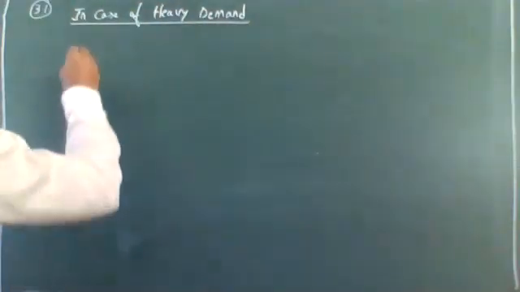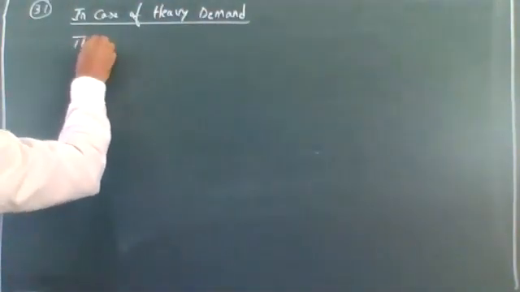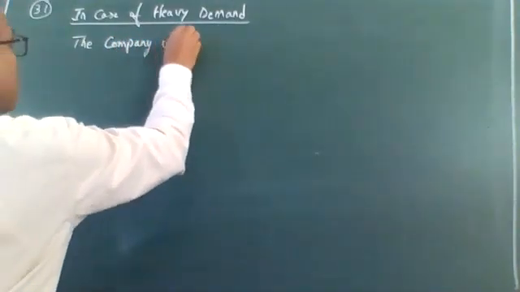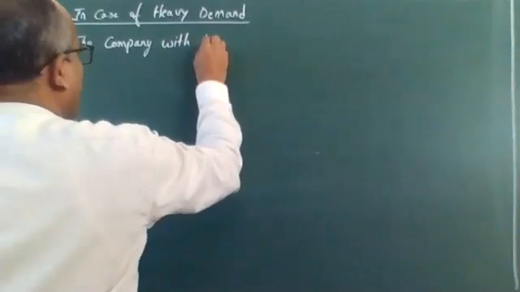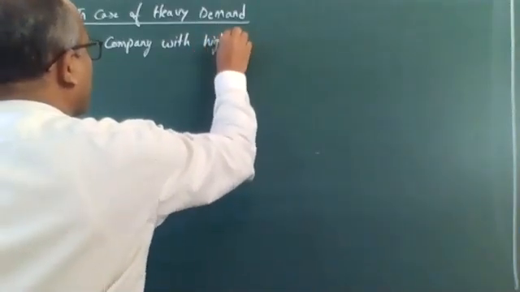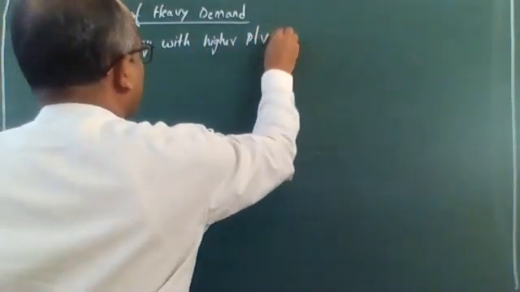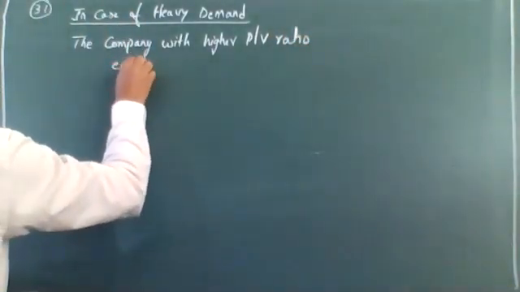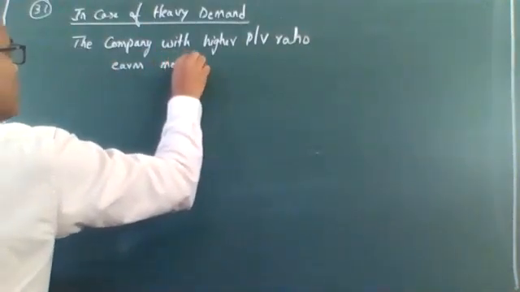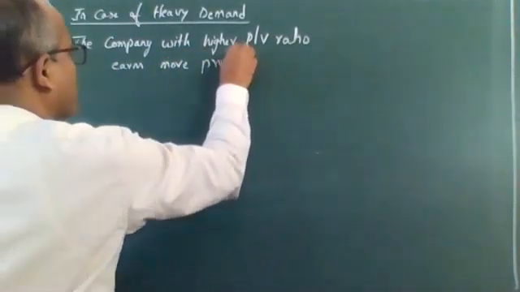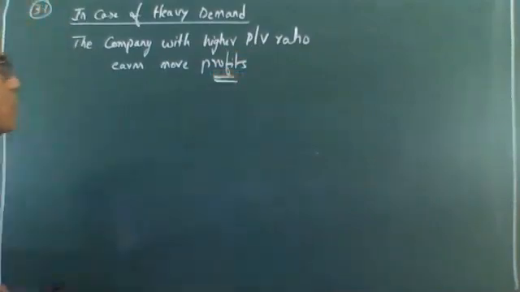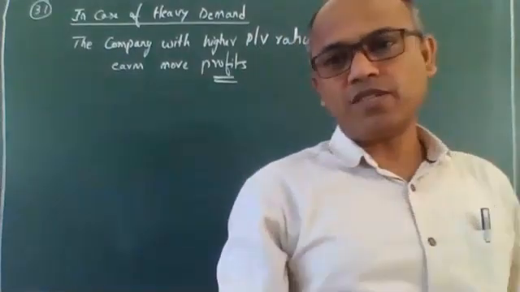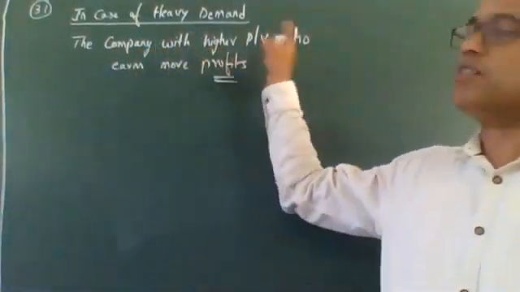So the answer for this is the company with higher PV ratio earns more profits. So who is going to earn more profits? The company with higher PV ratio.